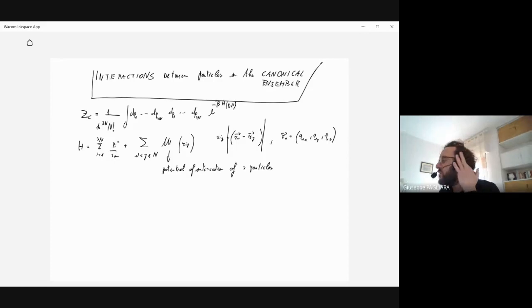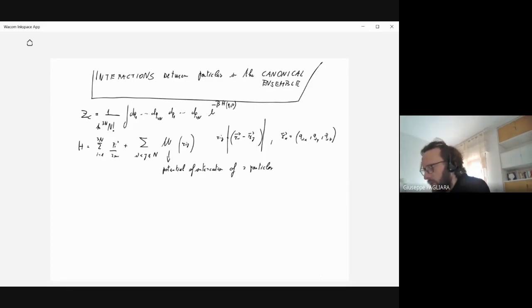So this potential depends just on the mutual distance between two particles. It does not depend on the position of the single particle, because we do not have any external field. So there is translational invariance.